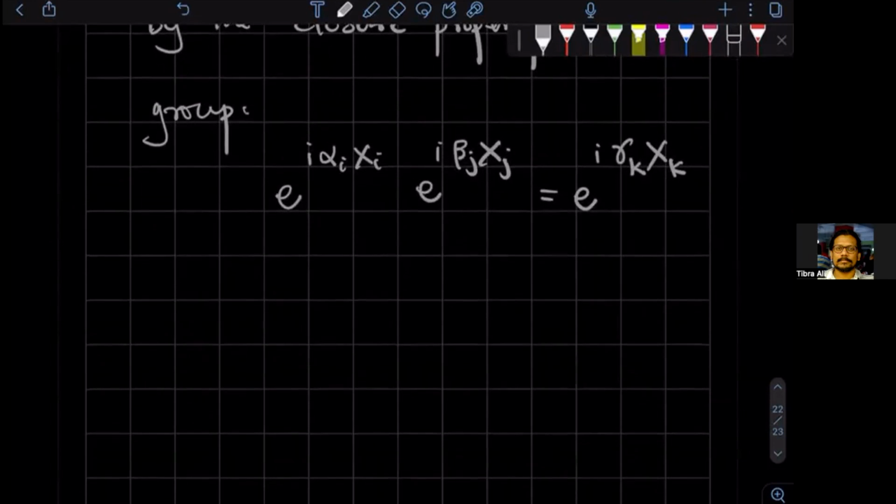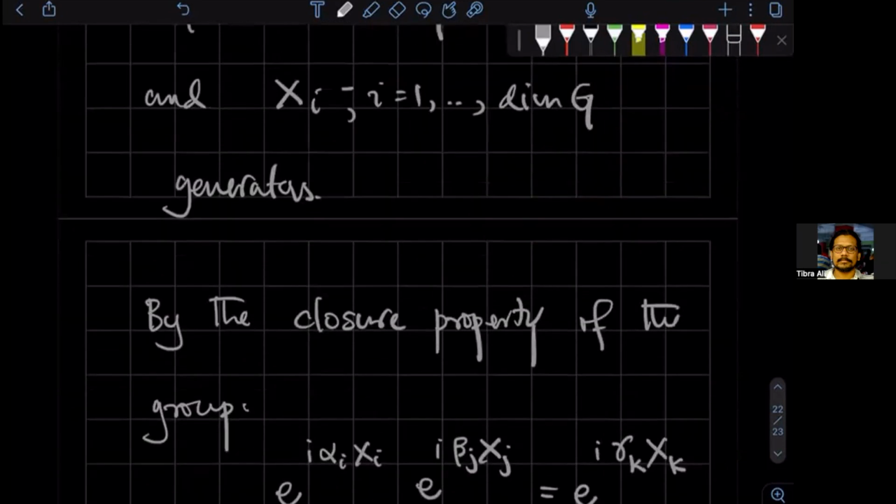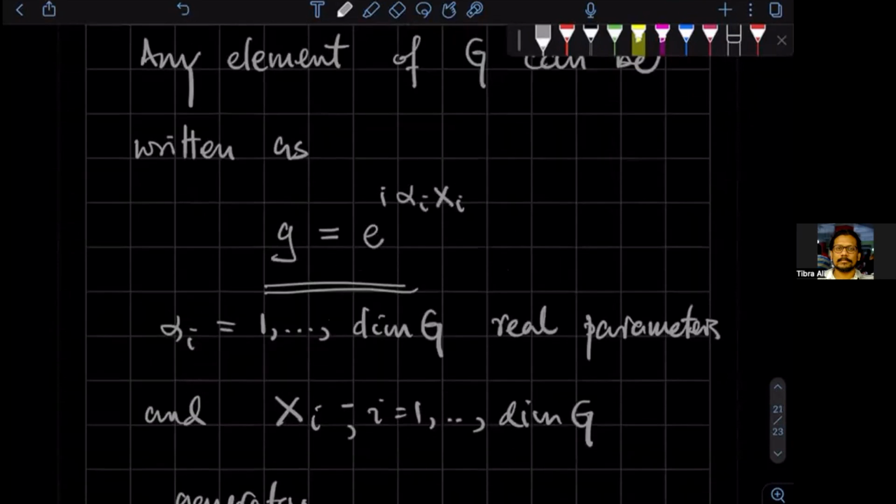Okay, so let me make a comment about this parameterization. Previously we wrote G as e to the power alpha_i xi_i, right? The i was missing, but here we're introducing an i. By doing that, we are switching from the mathematics convention to the physics convention. In both cases, the parameters alpha are real.